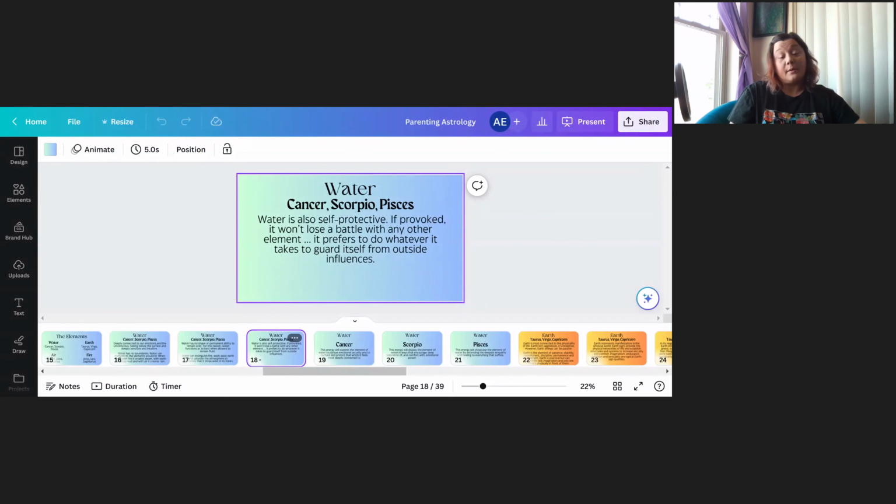If you're somebody who is very water heavy in those areas, you're probably not going to lose a battle with your child. However, it's important to be mindful that you don't want your child growing up believing that they're never going to win a fight or they're never going to win a battle. So that's where it's very important to be mindful of this energy if you're heavy in water elements.